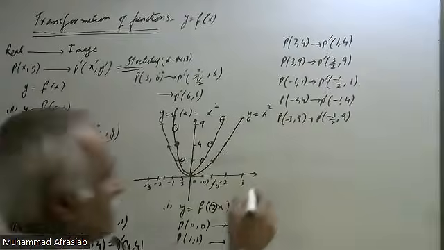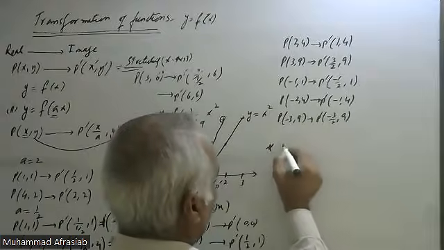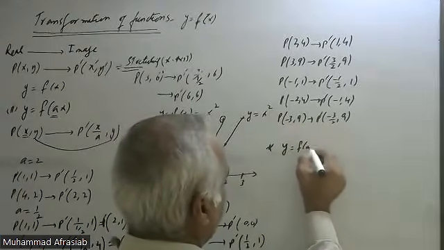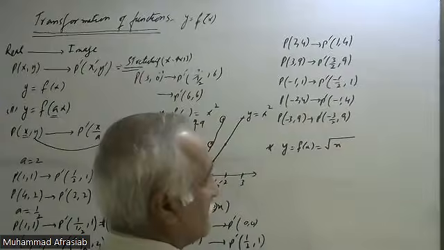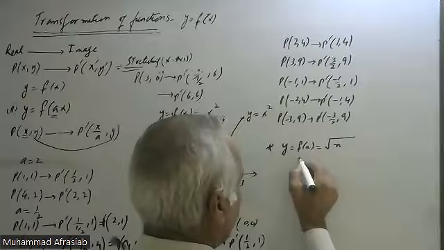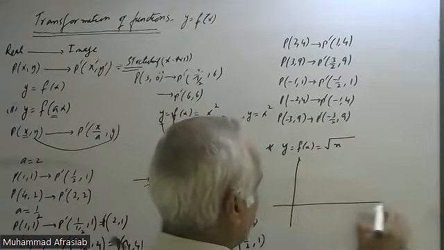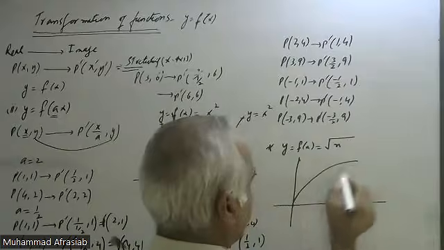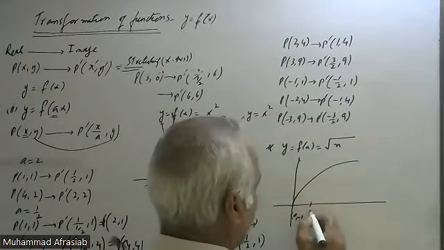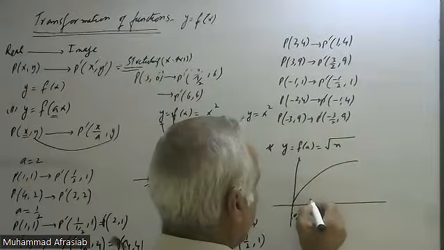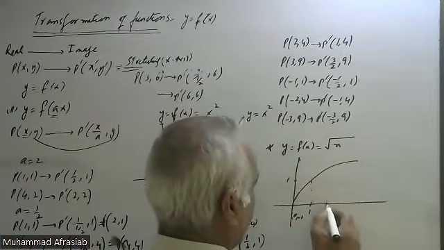Let's solve another example here. y equals f of x, and that is equal to the square root of x. We know that the graph of this function is basically equal to this. For 0, 0 it is 0. For 1 it is 1.